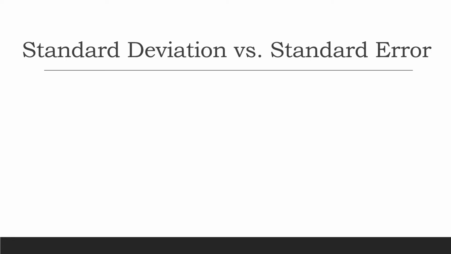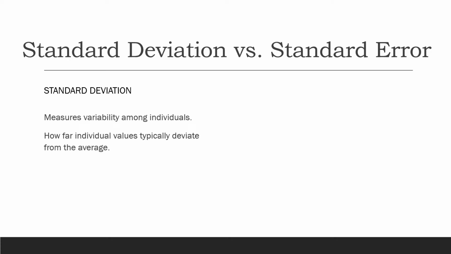Now, just to reinforce the difference between a standard deviation and a standard error, I want to talk about that for a minute. Standard deviation measures variability among individuals, either in the population, if we're calculating a population standard deviation, or in the sample, if we're calculating the sample standard deviation, but it always measures variability among individuals.